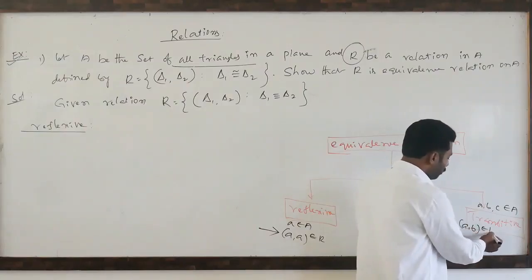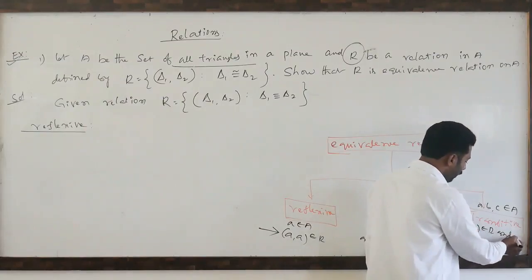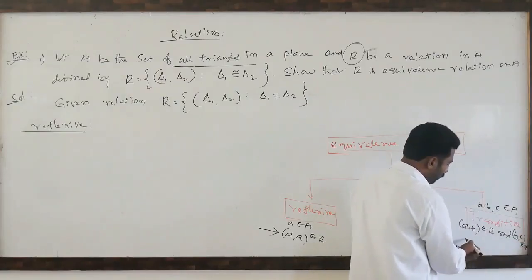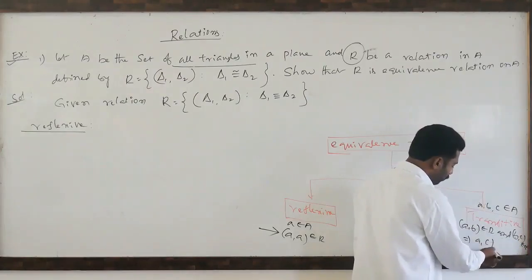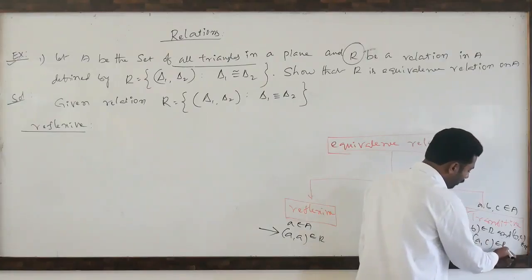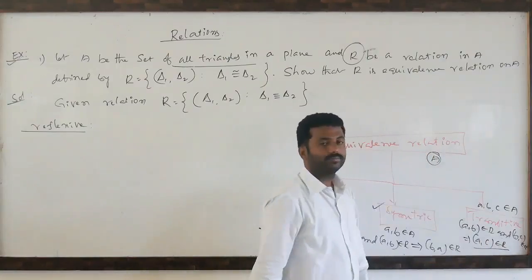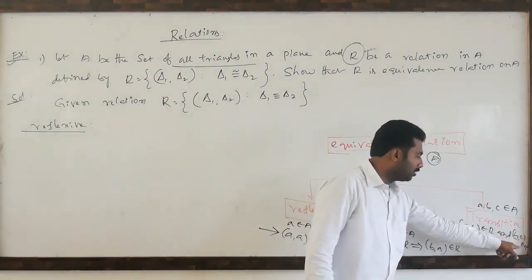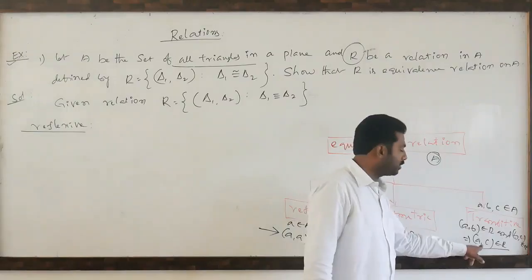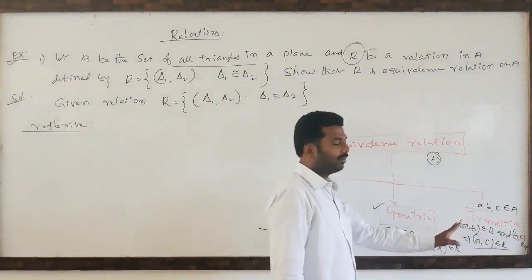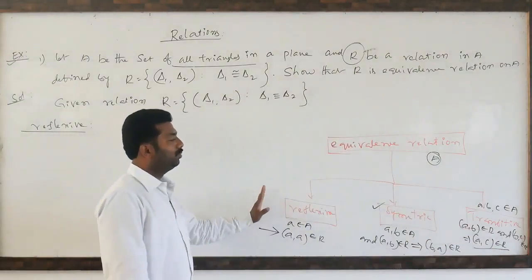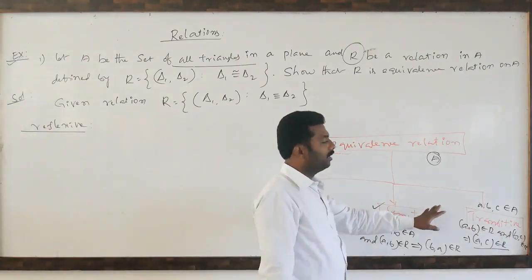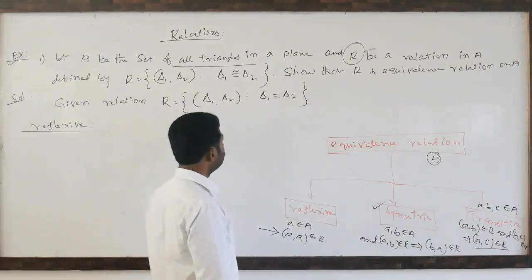A comma B belongs to capital R and B comma C also belongs to capital R. Then finally we have to prove there is a relation between A comma C, meaning A comma C also belongs to capital R. So like this we verify whether a relation is reflexive, symmetric or transitive. Right.